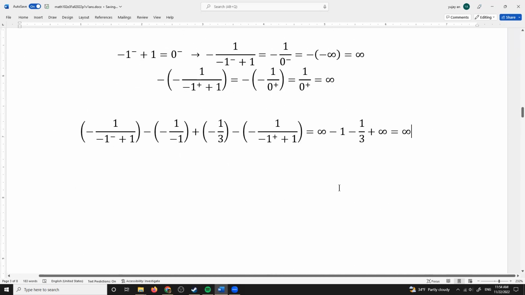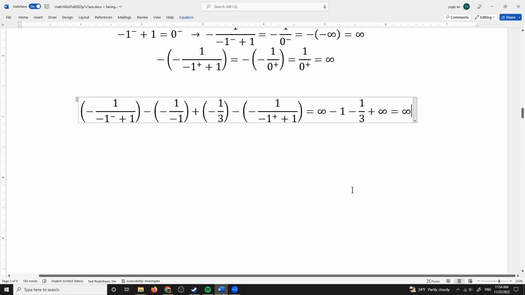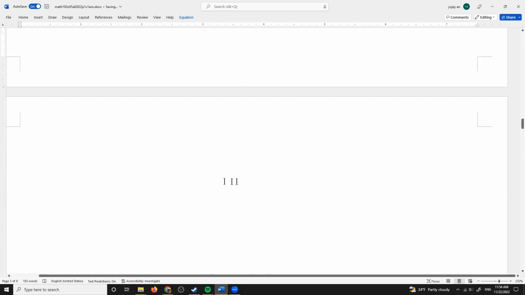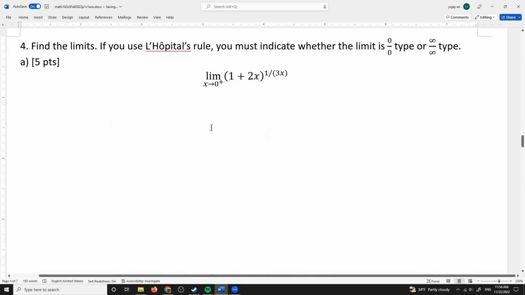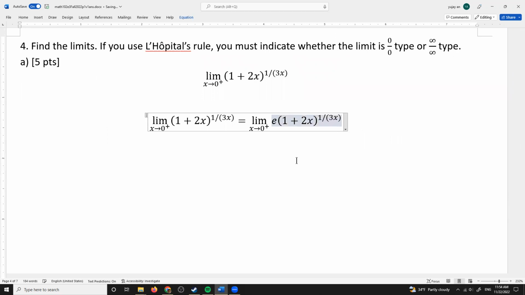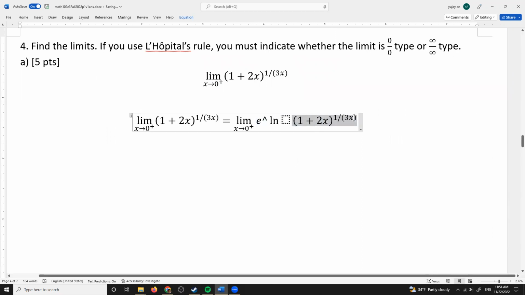All right, if there is no question, let's move on to the next one. Find the limits. If you use L'Hopital's rule, you must indicate whether this limit is 0 over 0 type or infinity type. Okay. This one, you use the fact that e to the power of ln cancels.